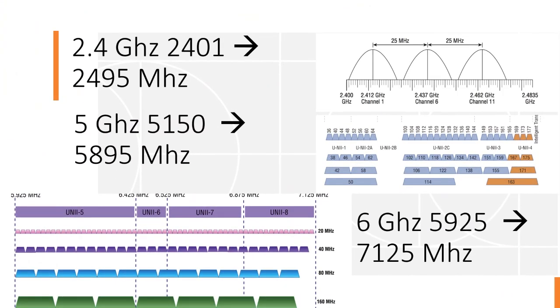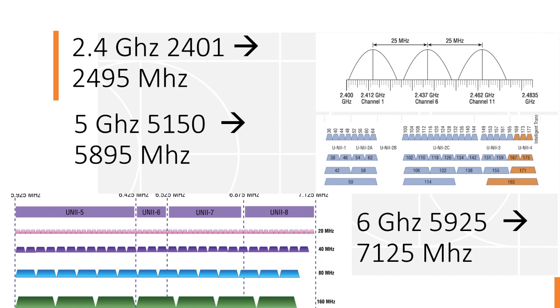Here is another view of the three bands in the frequency domain. As you can see, the 2.4 gigahertz has a frequency range of around 100 megahertz. However, it's a very limited frequency range, and you can't use all of it. You could probably use a clean three channels, which are channels 1, 6, and 11, and that's about it.